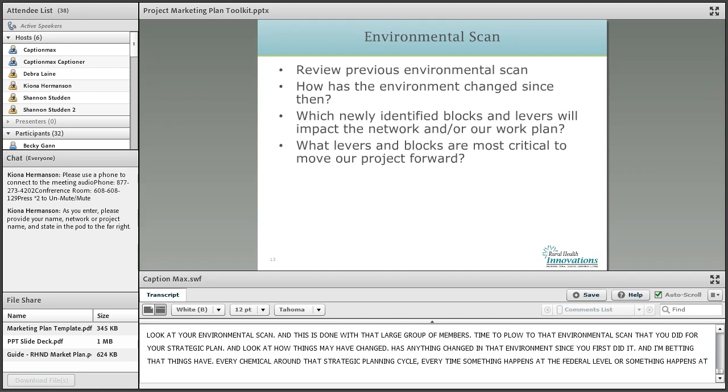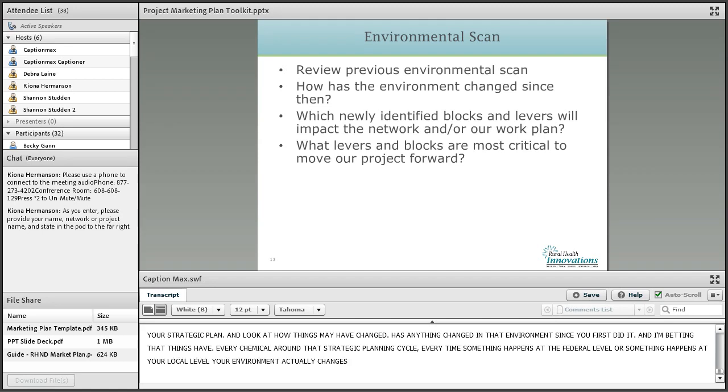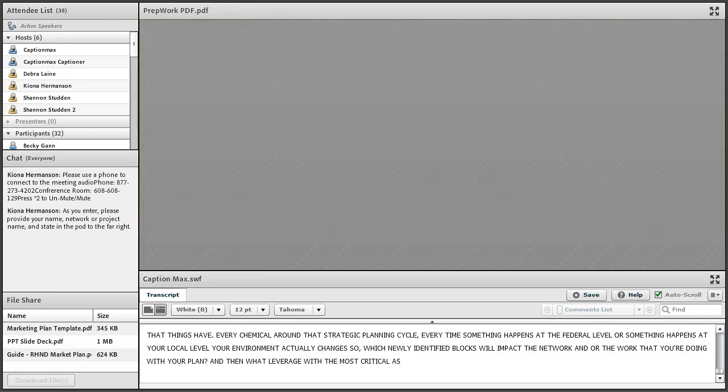Every time you go around that strategic planning cycle, every time something happens at the federal level or something happens at your local level, your environment actually changes. So which newly identified blocks and levers will impact the network and or the work that you're doing with your plan? And then what levers and blocks really are most critical as you move forward?